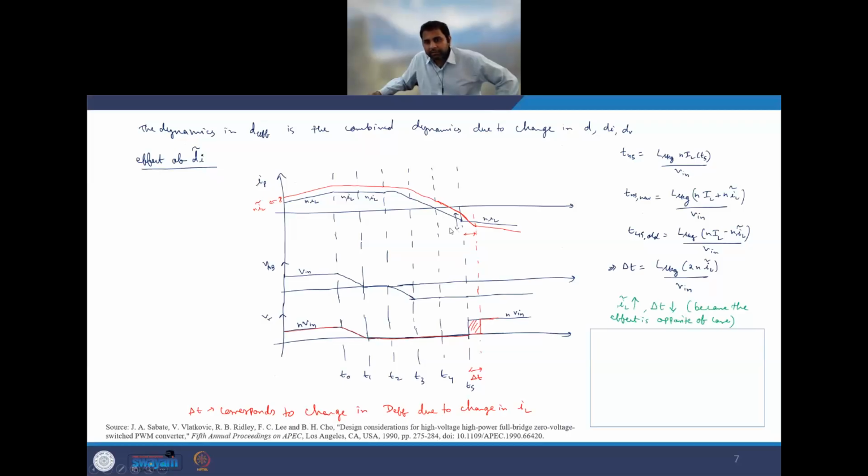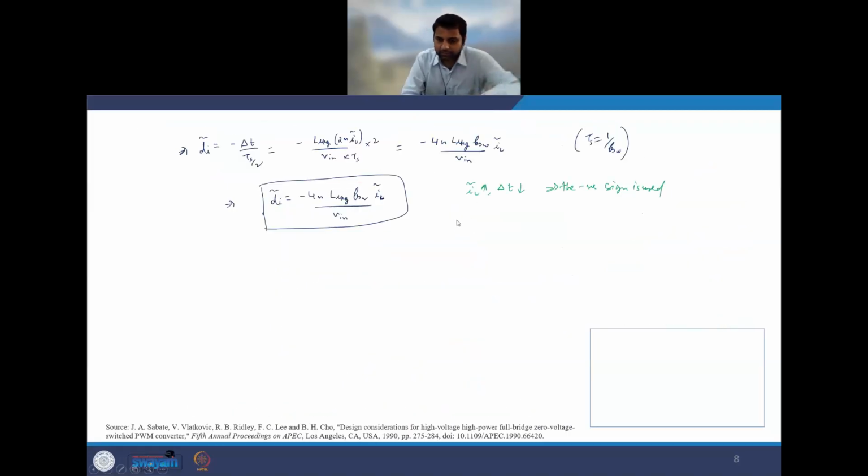Previously your T45 value was from this point to this point, and now your T45 value will be from this point to this point. If I take this point to this point as my T45 old, and this point to this point as my T45 new, T45 new.